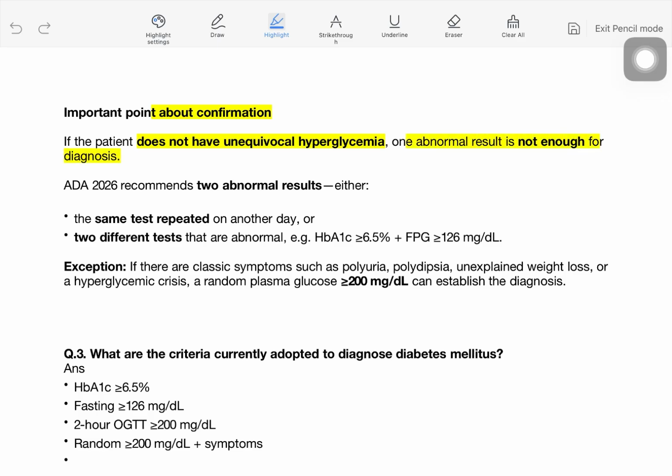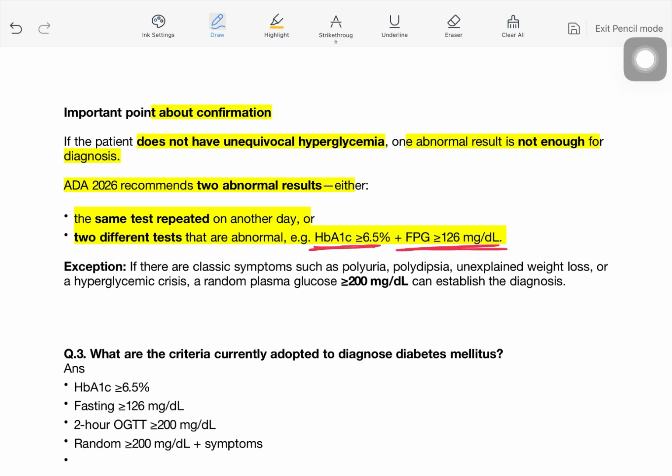ADA 2026 recommends two abnormal results, either the same test repeated on another day, or two different tests that are abnormal. For example, HbA1c more than 6.5% plus fasting plasma glucose more than 126 milligram per deciliter.